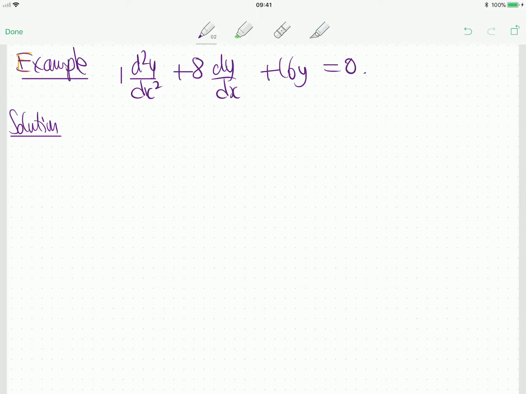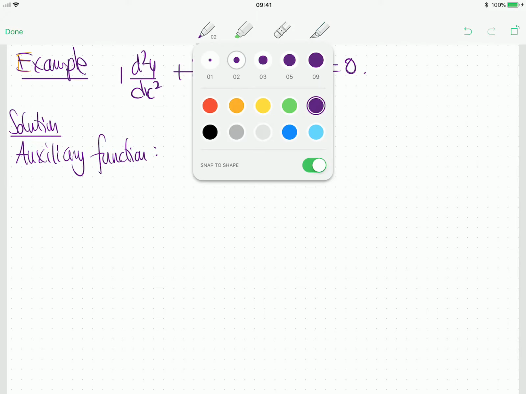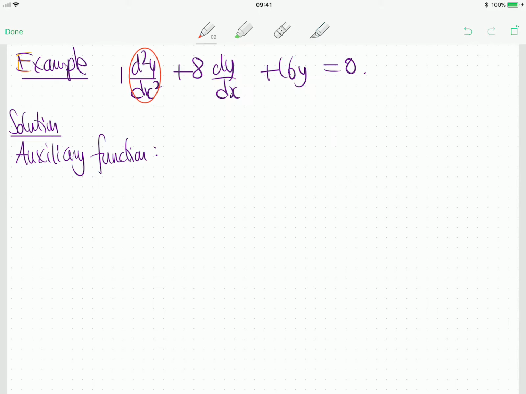Okay, so the solution. To solve equations of this form, we need to build an auxiliary function, which means replacing the second derivative with some quadratic term, the first derivative with a linear term, and y with a 1.